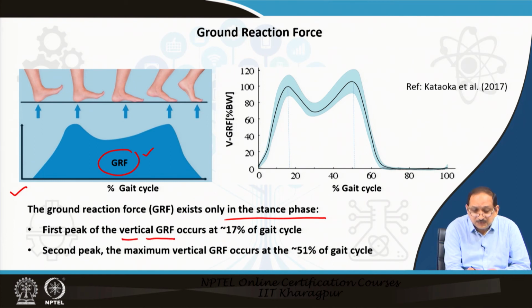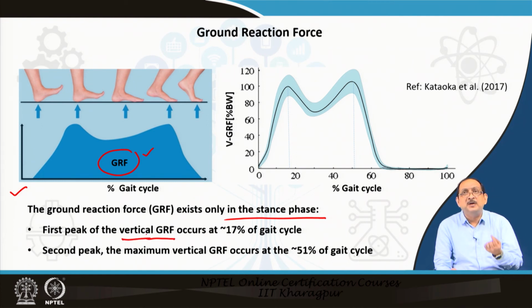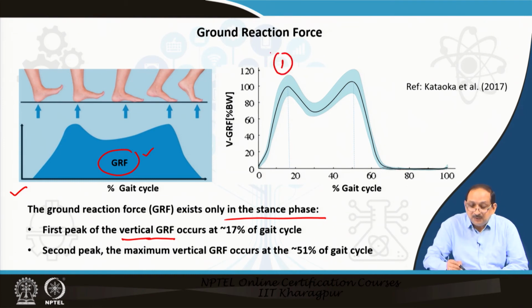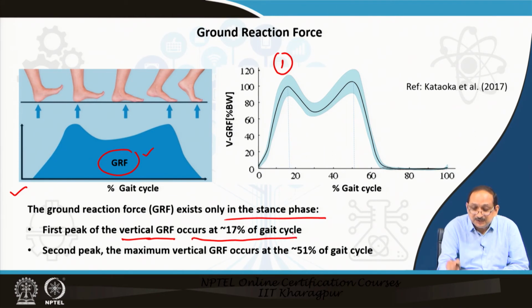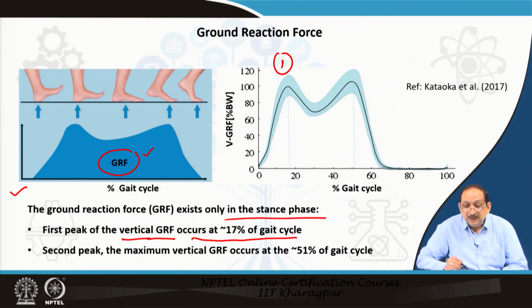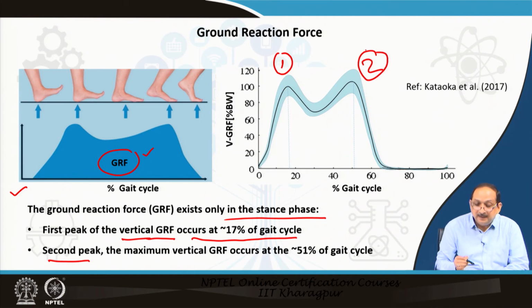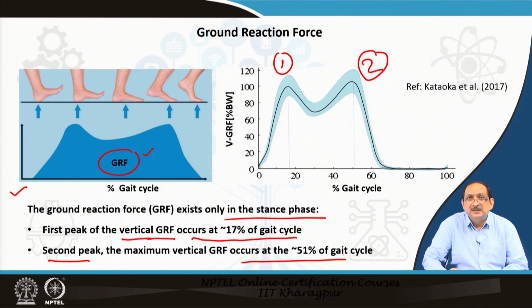The vertical component is the predominant force component, and the first peak of the vertical ground reaction force occurs at 17% of the gait cycle, whereas the second peak occurs around 51% of the gait cycle.